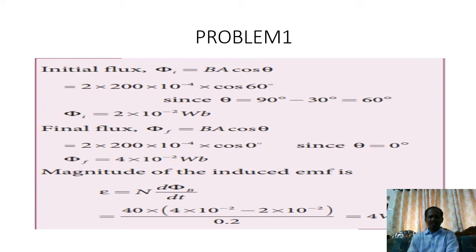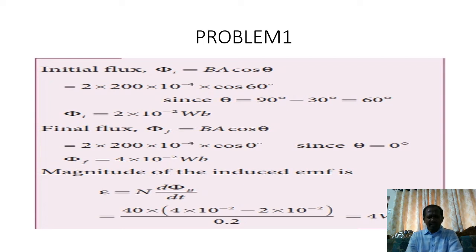So flux phi is equal to BA cos theta: flux density, cross sectional area, and angle theta. 2 into 200 into 10 to the power minus 4 cos 60 degrees, since theta is equal to 90 minus 30 degrees. Phi is equal to 2 into 10 to the power minus 2 Webers.